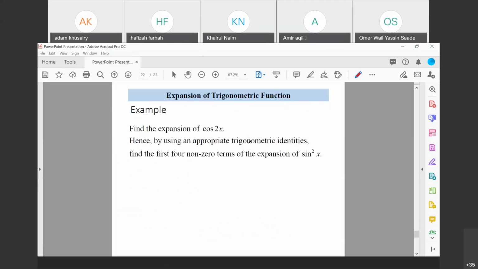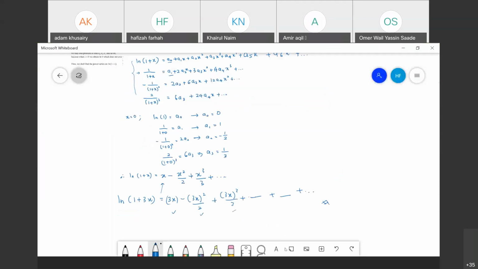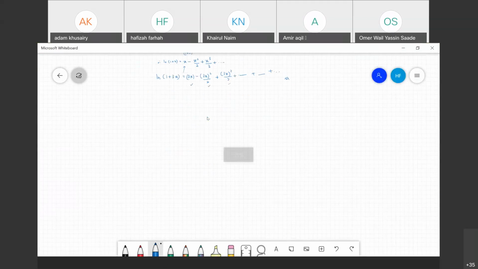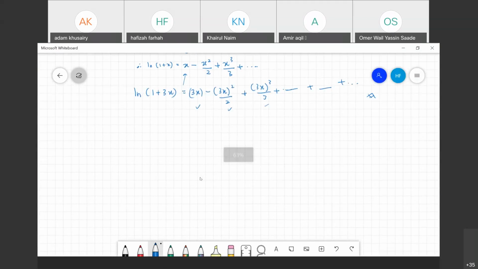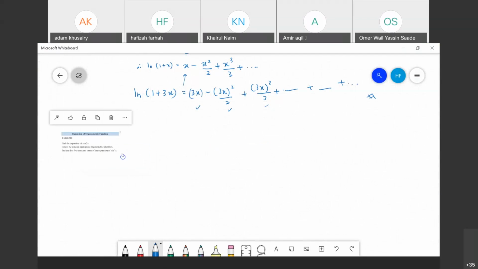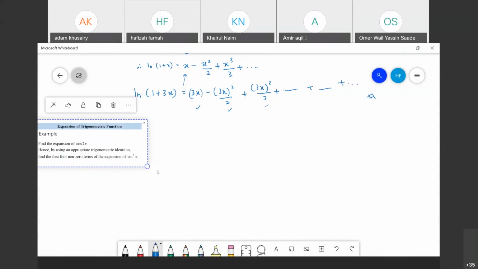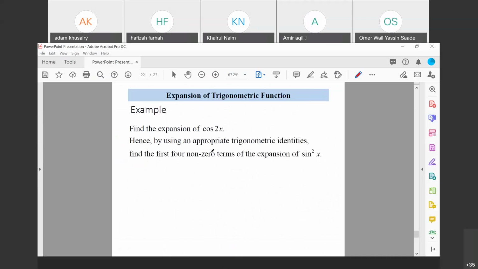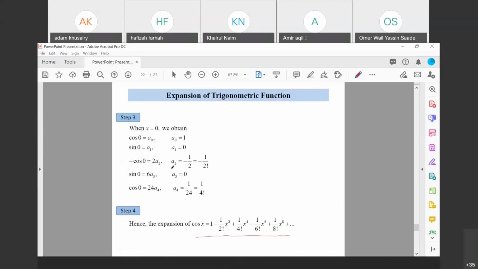Okay, now I want you to try this example. Try this together. Okay, since you already know how to find the expansion of cos x, we just use this expansion.